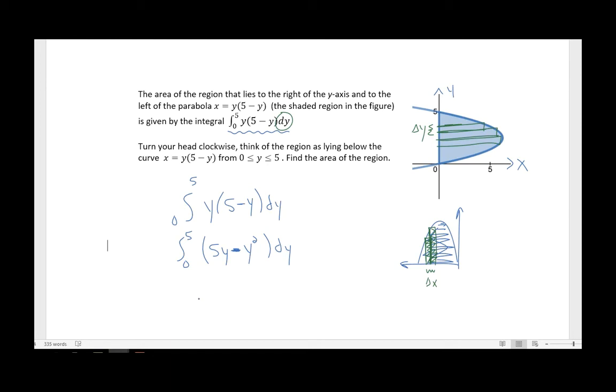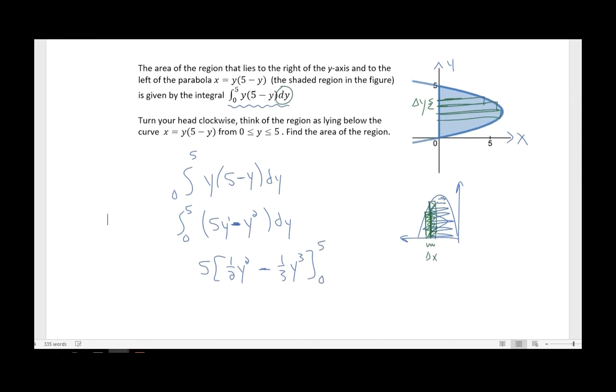I'll integrate 5y, pull the constant out, and the integral of y to the first is add 1 to the power multiplied by the reciprocal. Then I integrate y squared, I add 1 to 2 and then multiply by its reciprocal. And then I'm going to evaluate from 0 to 5 here.